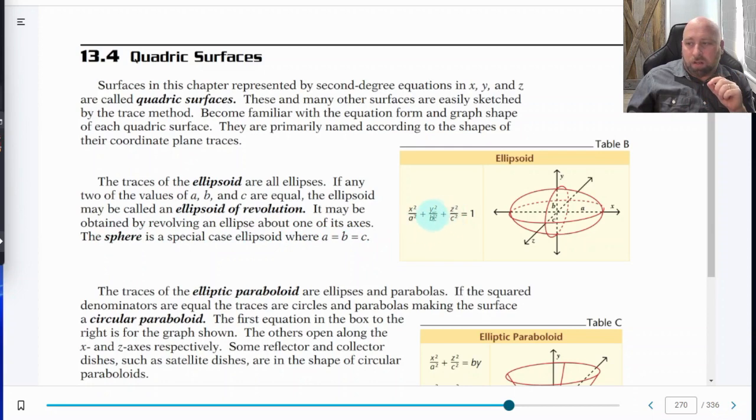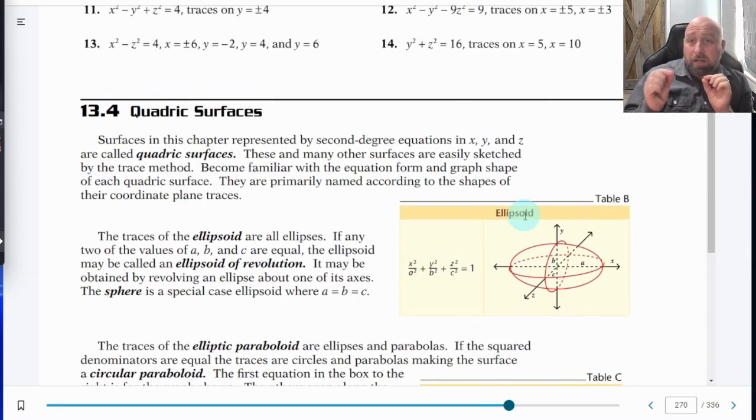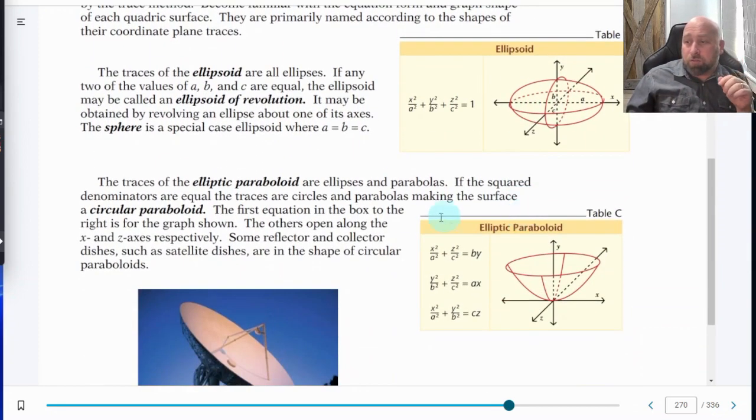This equation right here is the important part of the ellipsoid. So connect the ellipsoid, if you're writing notes, and you should be writing notes, with this right here. You don't necessarily have to write this in your book, but it may be worthwhile for you to work on making those shapes in your notes.